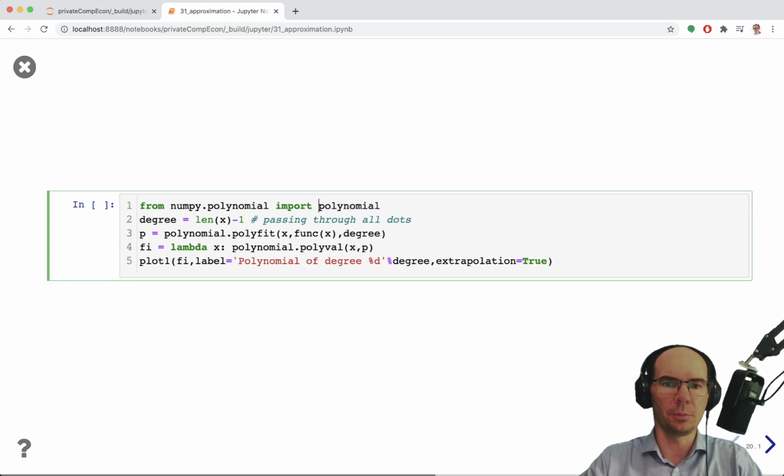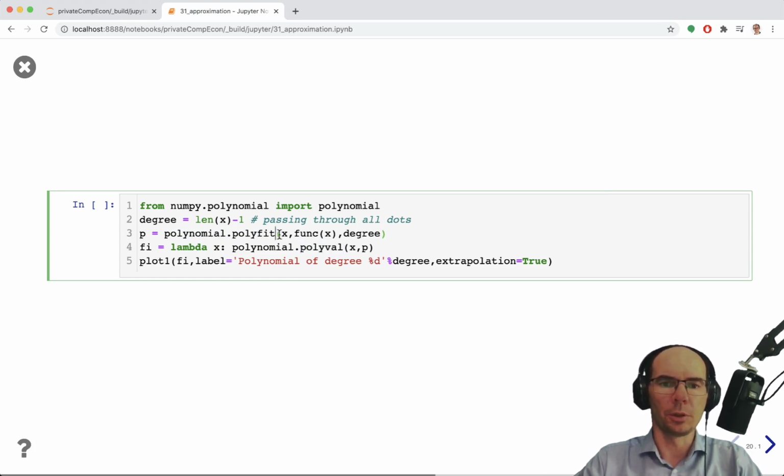The polynomial is a submodule in NumPy, and I'm going to import it separately under the name polynomial. And so then we can say that the degree of the polynomial that we want to get that identification is the length of the x vector minus 1. And we will call this function to create a polynomial object p that we can then evaluate.